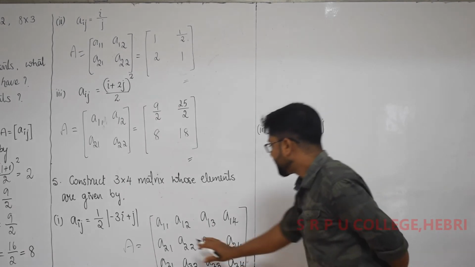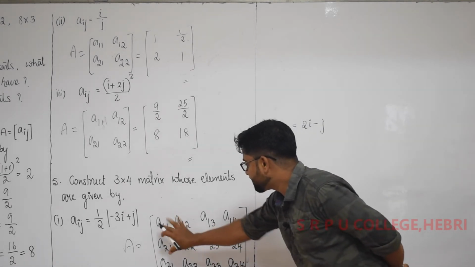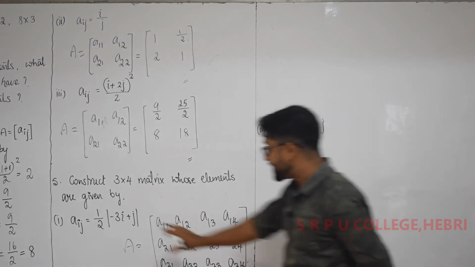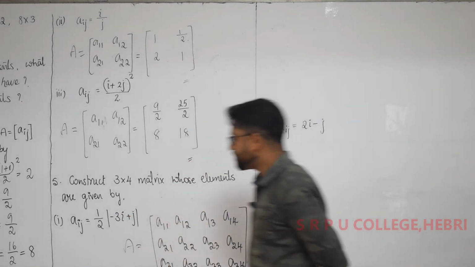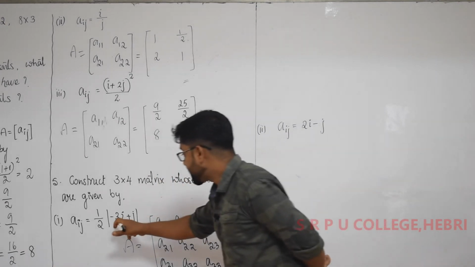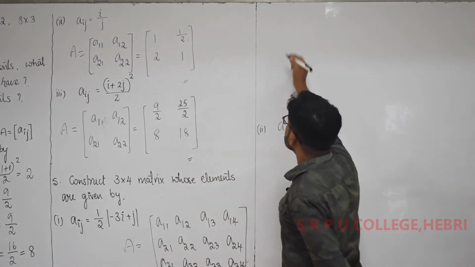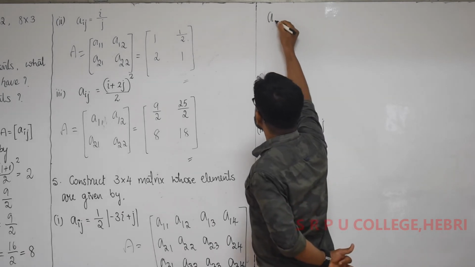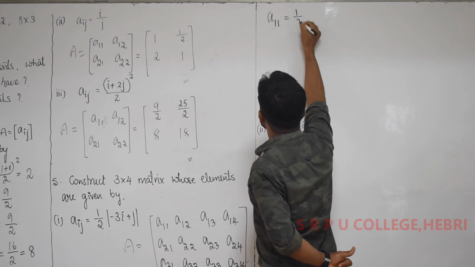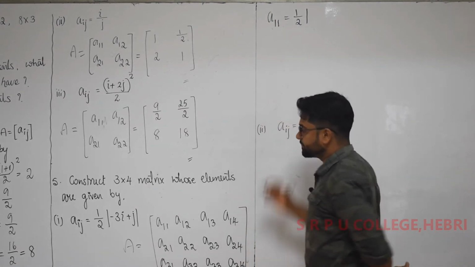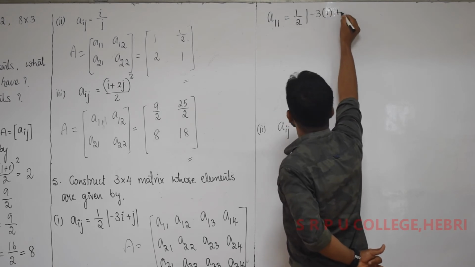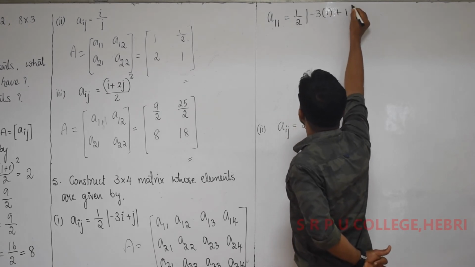So now it is time to find out the different elements of that matrix, A11, using this given condition. Aij is equal to half into mod of minus 3i plus j. Let me write that equation. I need to find A11. A11 is equal to half into mod of minus 3 into 1 plus j, which is also 1.